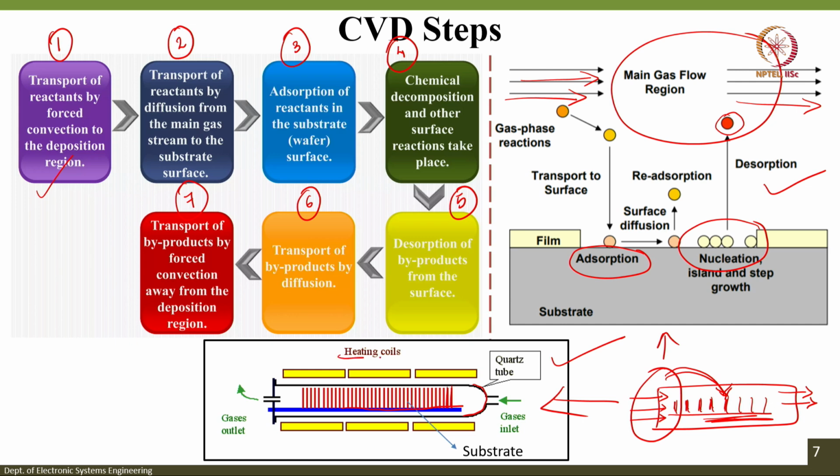Then there are heating coils to heat the chamber to a high temperature at which a particular reaction happens, and this is the point at which the precursor molecules are taken inside the chamber, and at the other end you have an outlet so that the byproducts are taken outside the reaction chamber.